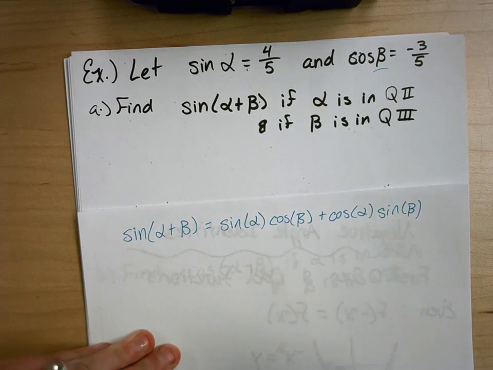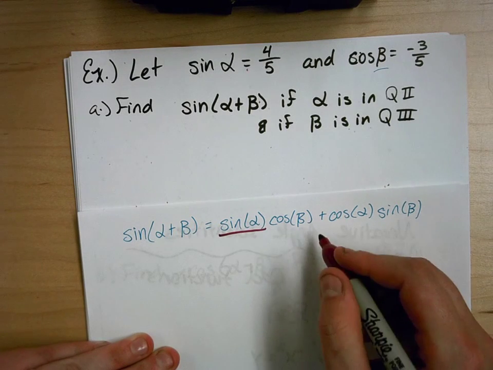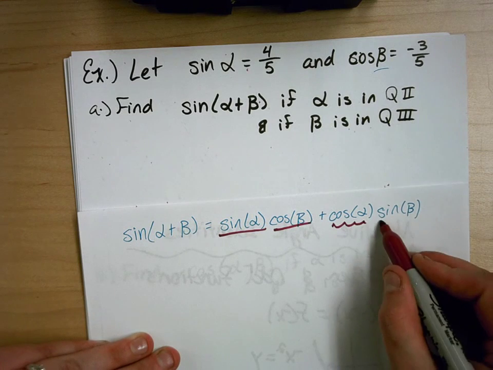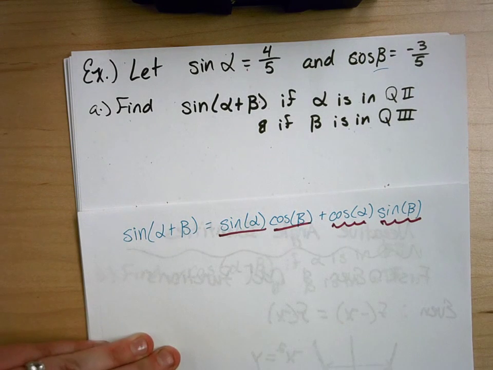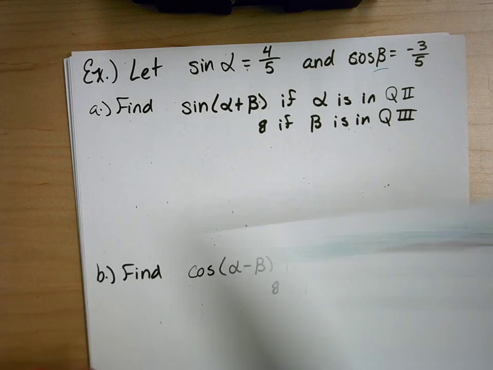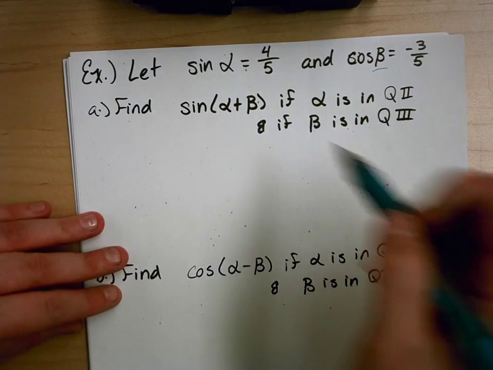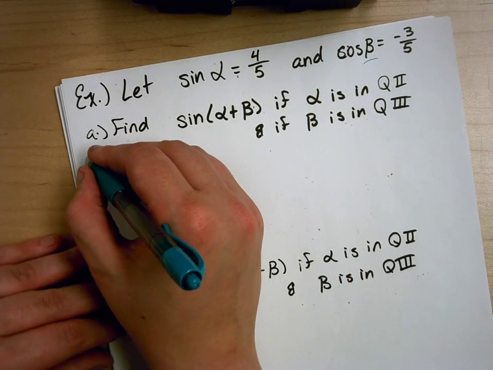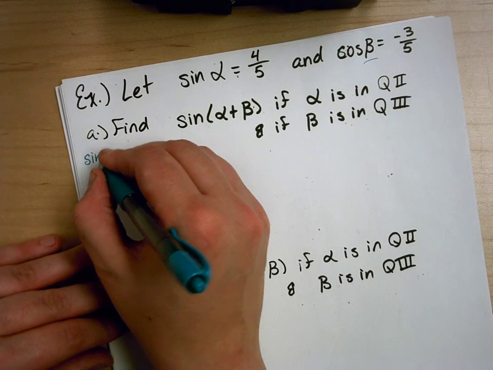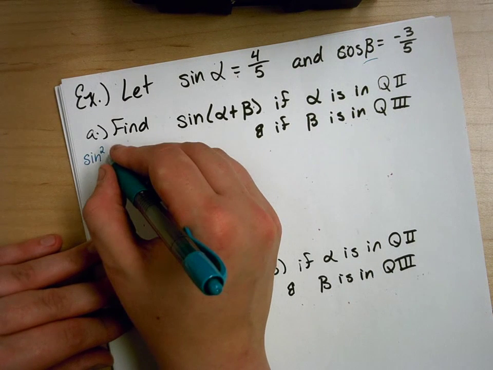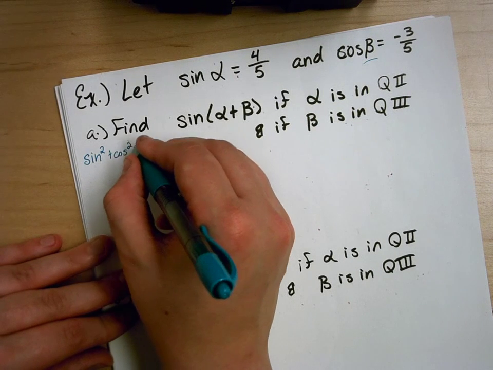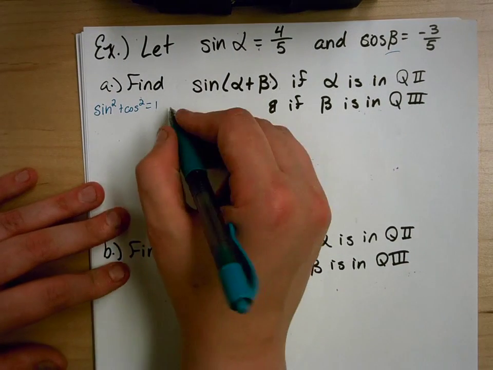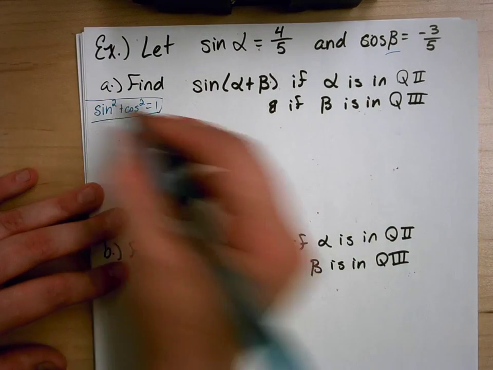So since they gave me sine alpha and cosine beta, I still need cosine alpha and sine of beta. Alright, so let's go ahead and solve for those. So I know that sine squared plus cosine squared equals 1. Okay, so let's just keep that in our pocket. We're going to need that.